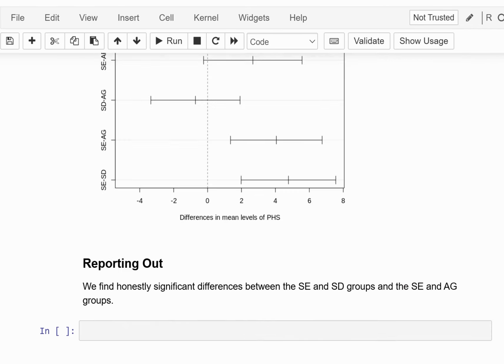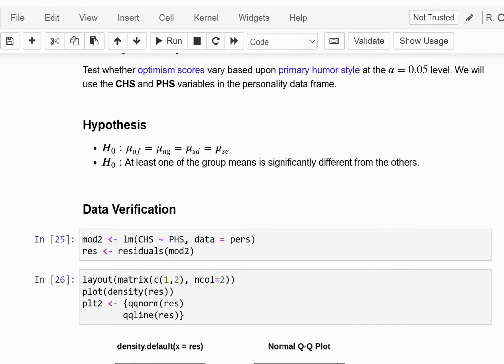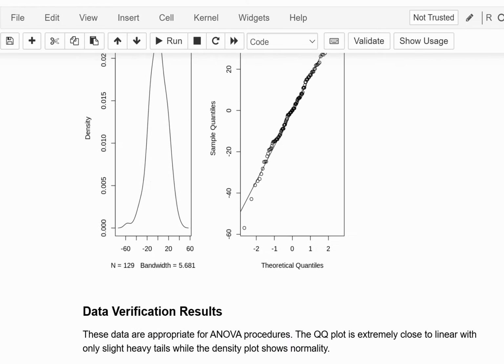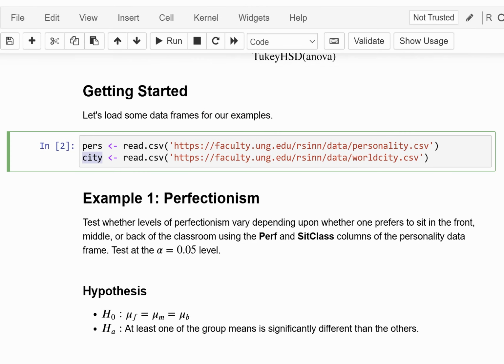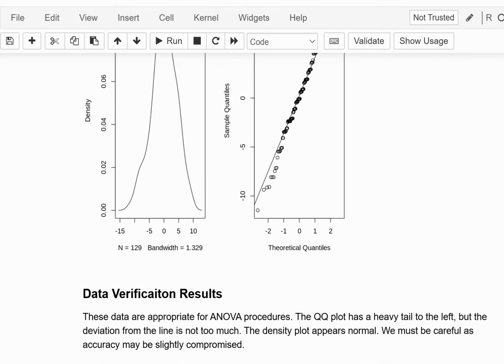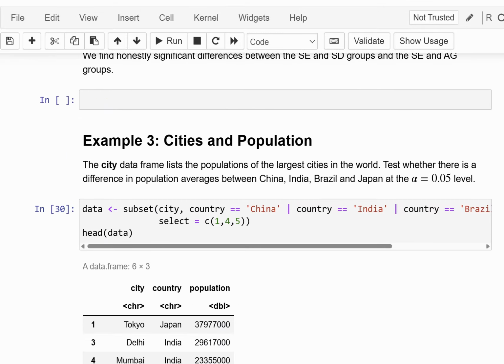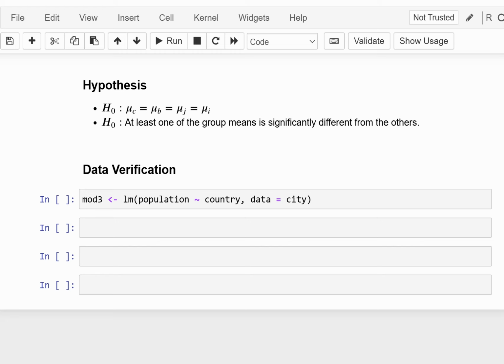I think that's the name of this. I have to look back at where we pulled it in. That's miles away, but there it is, city. Since that's the name of my data frame, this will work.